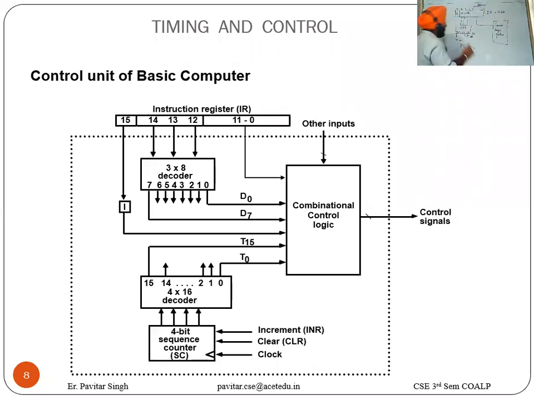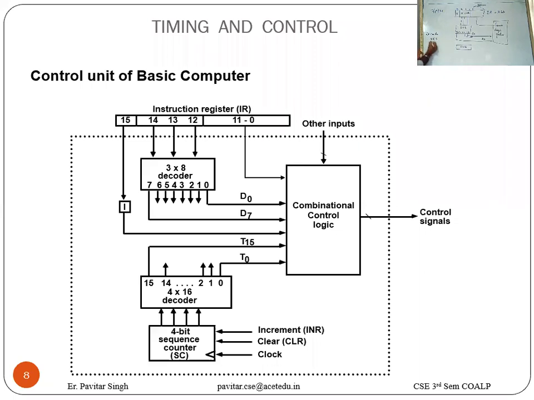Again, these will be given as input to your combinational logic gates. After that, one more decoder is used whose size is 4 into 16, which takes 4 inputs and gives you 16 outputs. That is why it is called a 4 into 16 decoder.